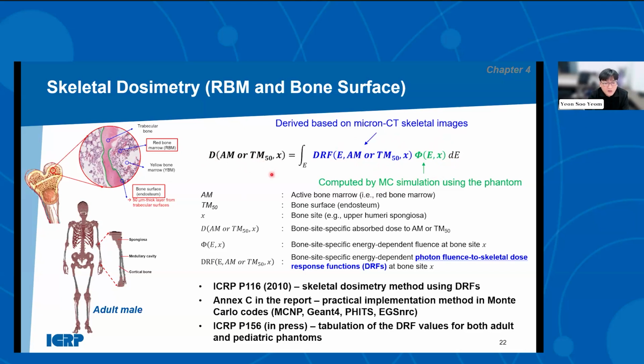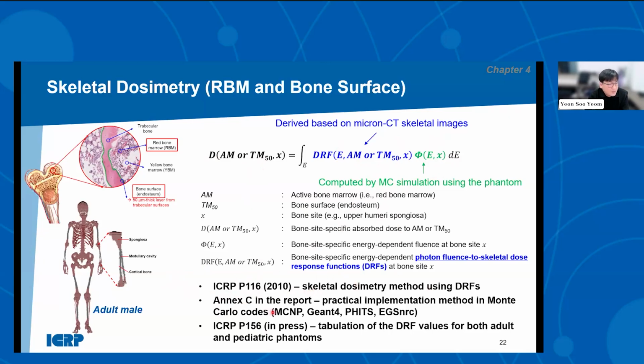I know this skeletal dosimetry is somewhat complex and difficult to understand. So the key information here: please see ICRP Publication 116, where detailed information on the DRF-based skeletal dosimetry is well described.